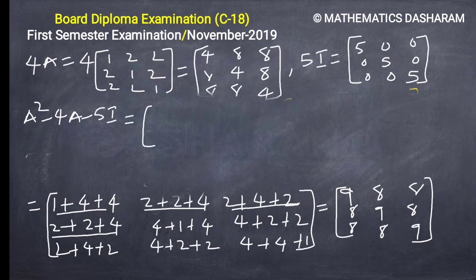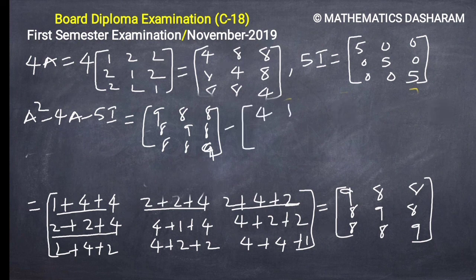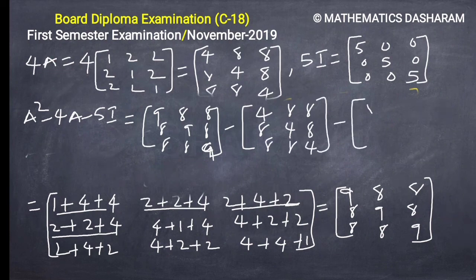A squared value is 9 8 8, 8 9 8, 8 8 9. Next, minus 4A value 4 8 8, 8 4 8, 8 8 4. Minus 5I value 5 0 0, 0 5 0, 0 0 5.